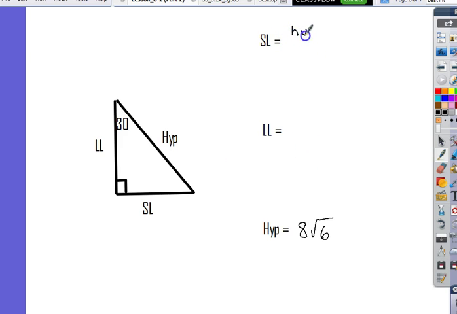The shorter leg is the hypotenuse divided by 2. So that's going to be 8 root 6 divided by 2. So 8 divided by 2 is 4. So that'll just be 4 root 6. Everybody okay with that? And now, to go from shorter leg to longer leg, we multiply by root 3. So shorter leg times root 3.